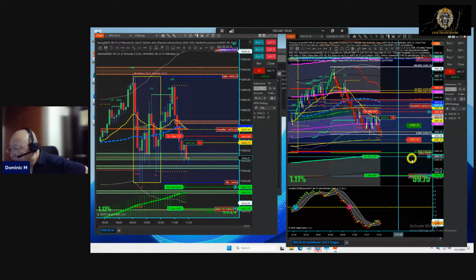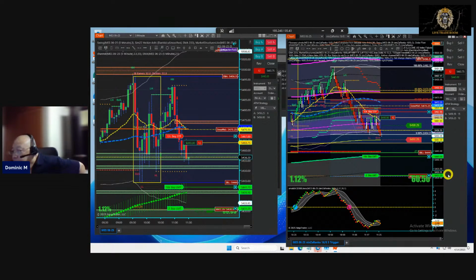It hasn't reached the first target yet on this fib pullback, or fib extension, I mean.